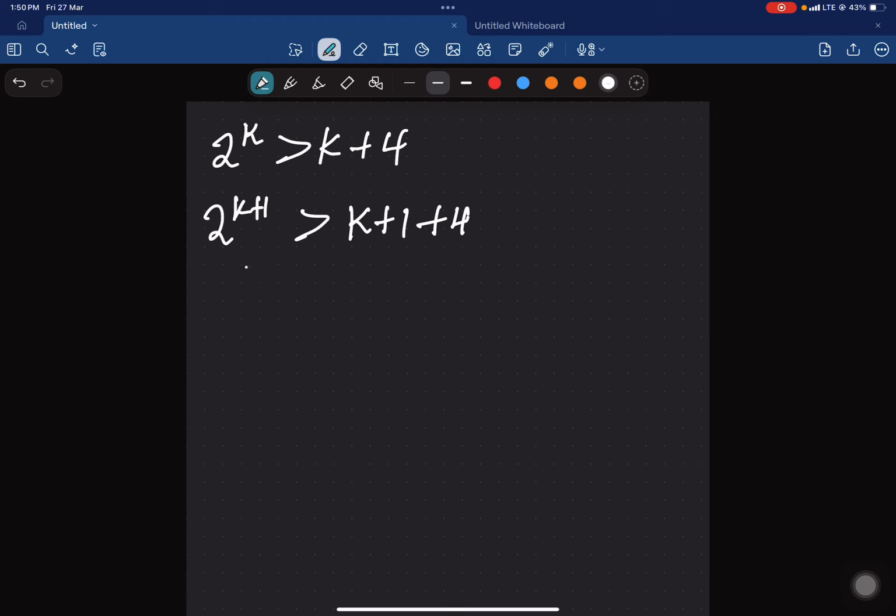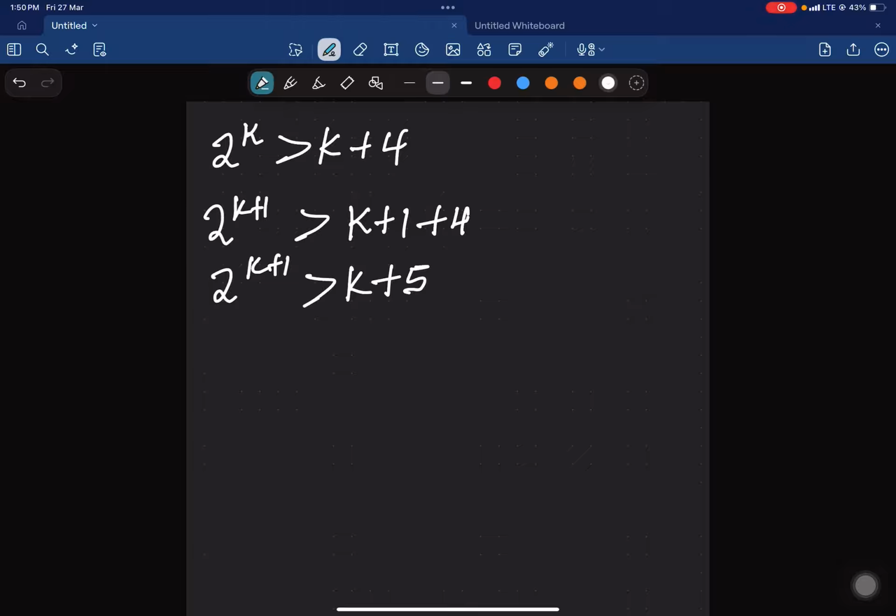We've proven that 2 to the power k is greater than k+4. Now we're trying to prove it for 2 to the power k+1 greater than k+1+4, which is 2 to the power k+1 greater than k+5.